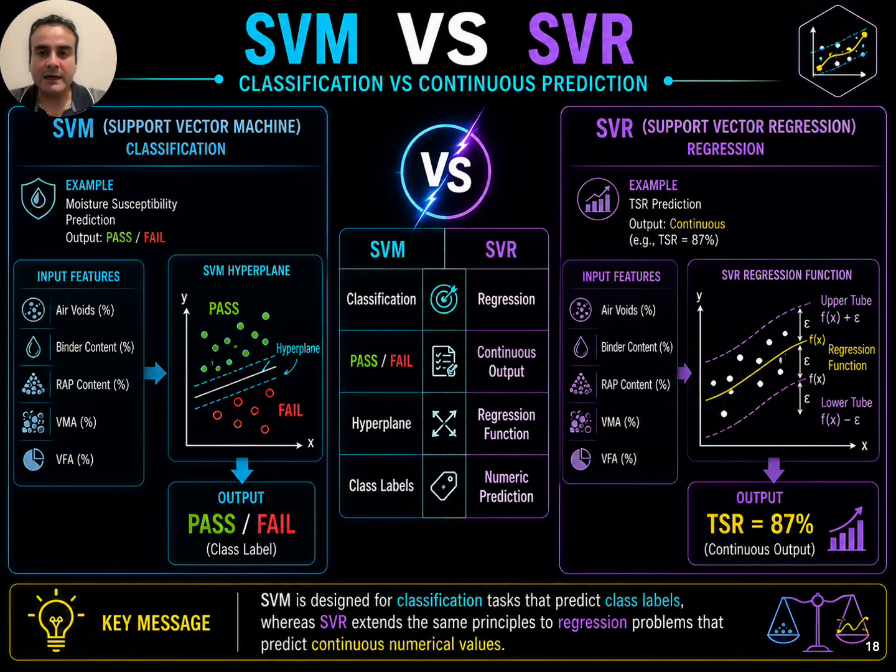SVR, on the other hand, predicts continuous numerical values such as tensile strength ratio, compressive strength, carbonation depths. The figure illustrates the difference. SVM produces discrete class labels, whereas SVR produces continuous output based on a regression function and epsilon-insensitive tube.